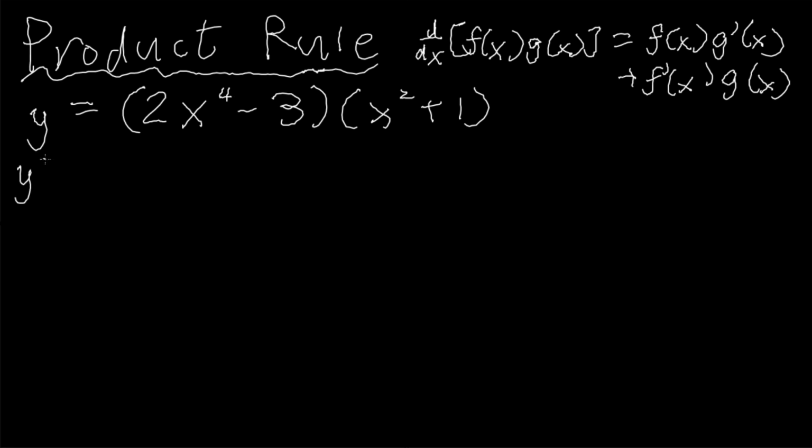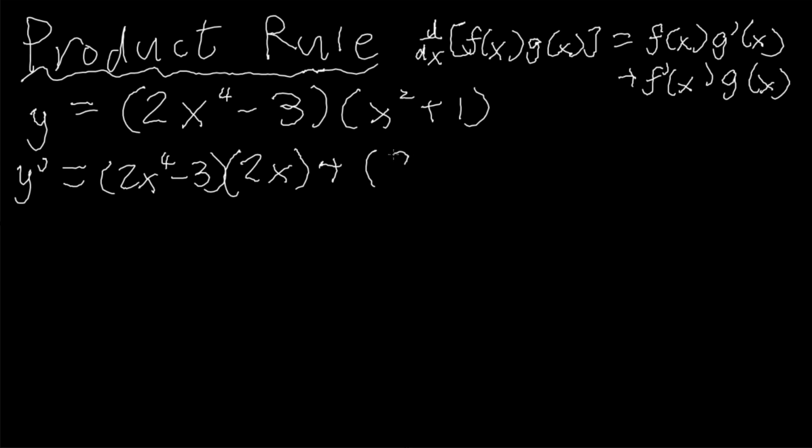Y prime, or the derivative, would equal f of x, so we leave this the same, times the derivative of g of x, so 2x plus 0, plus the derivative of f of x, so 4 times 2, 8, x cubed, then the constant, so the derivative of f is 0, times g of x, so x squared plus 1.